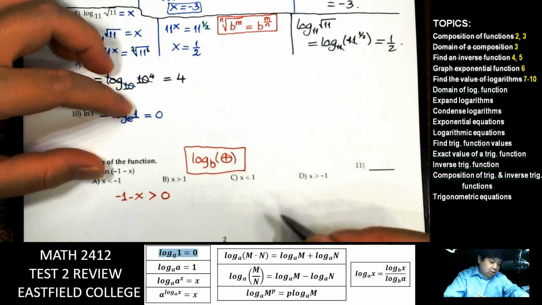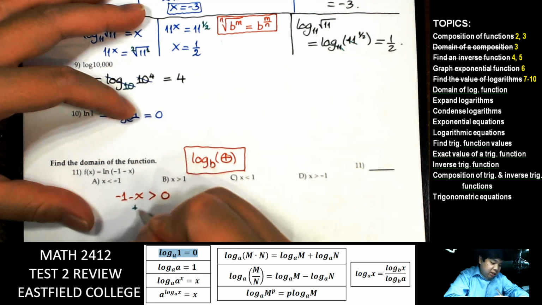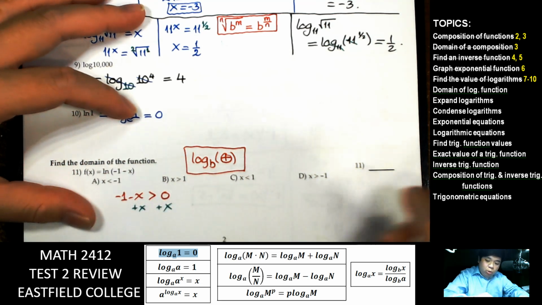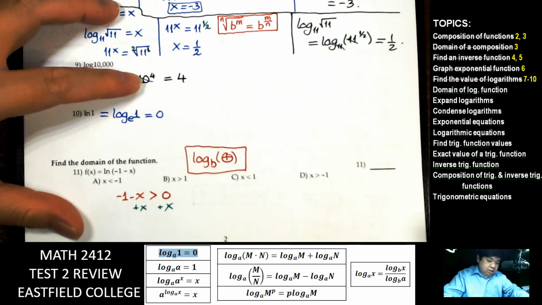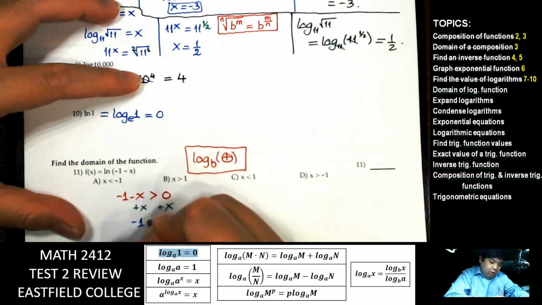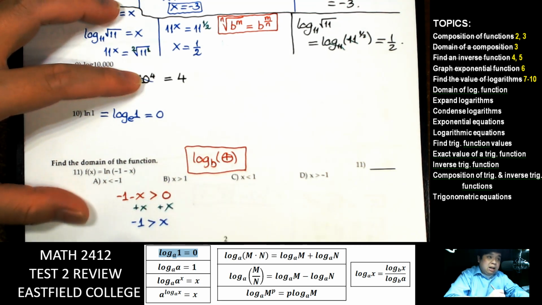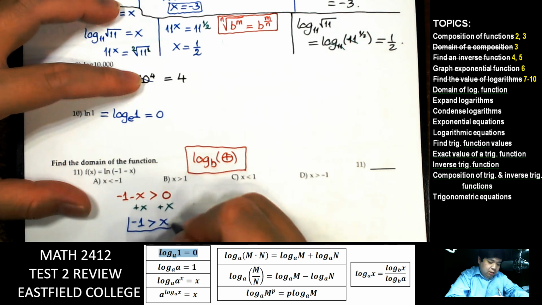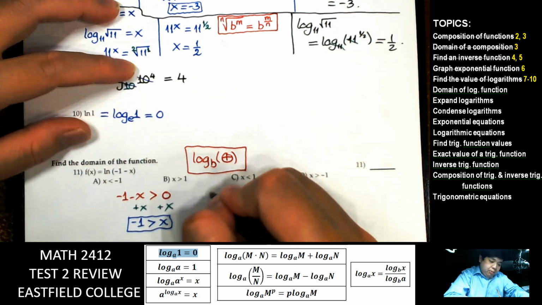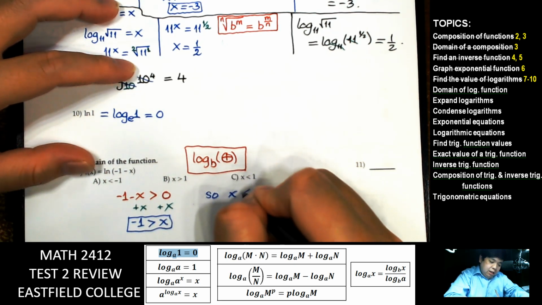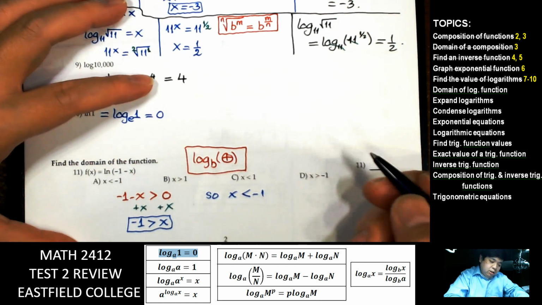So we solve for x, get x by itself, so I can simply add x on both sides and have negative 1 greater than x, or pretty much x less than negative 1.